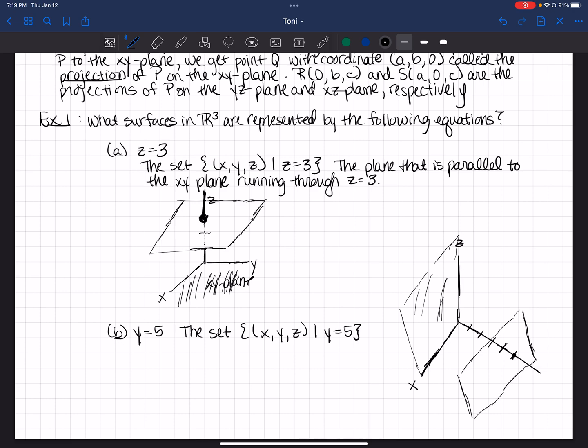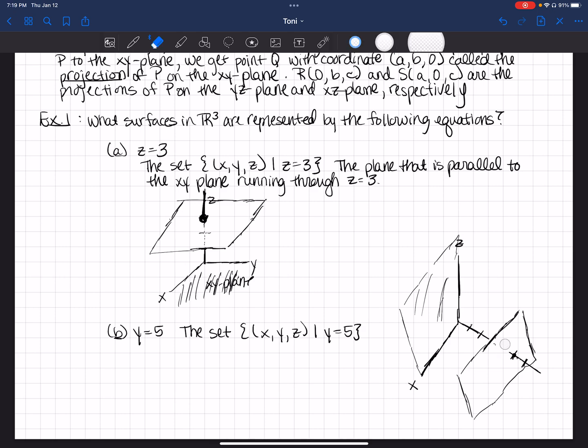See how it sits like that? This comes out. This is going to be a little bit hidden. Okay. And see how it's running through 5. There's 1, 2, 3, 4, 5.